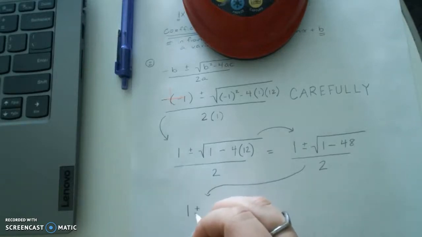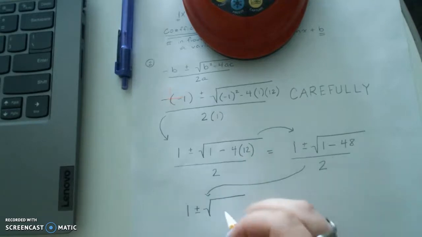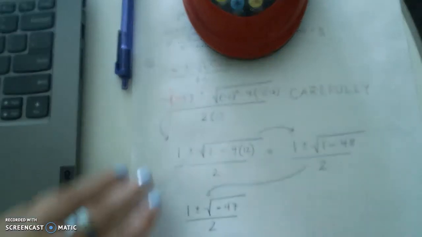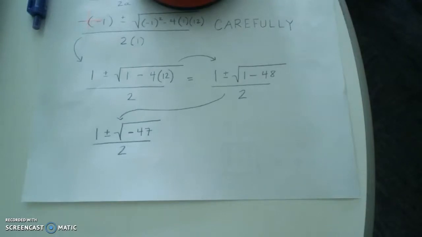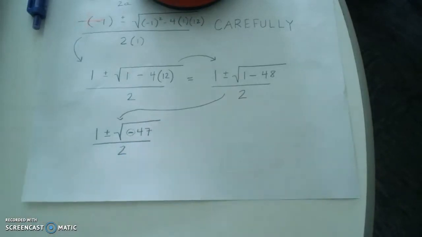One plus or minus the square root 1 minus 48 is going to give me a negative 47. Ooh. Alright, now we are at somewhat of a stalemate. You know what a stalemate is? It's where you can't go any farther. And that's because we have a negative under the square root.